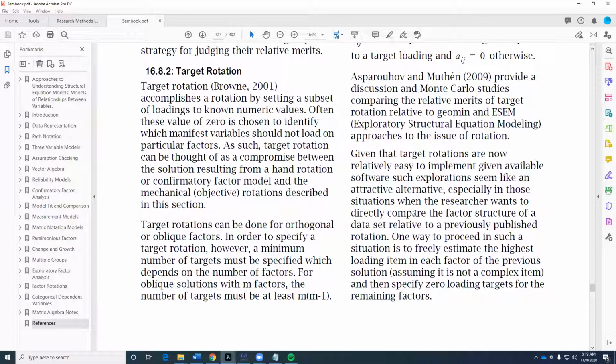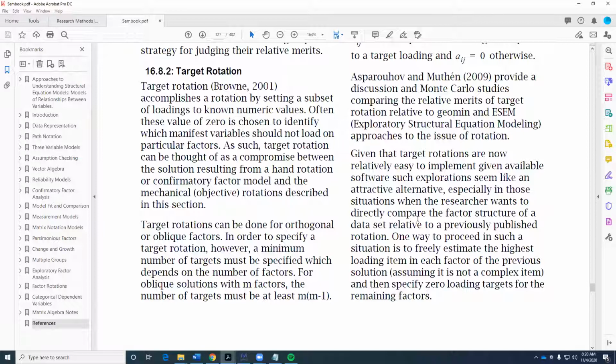Well, if your previous researcher published their rotated solution, it's going to have some zero loadings on some of the factors after it's rotated. And target rotation is a way for you to plug in that information and say, dear computer program, give me a rotation that looks, say, like a geomin rotation, but in which I'm setting some of the loadings to be zero.